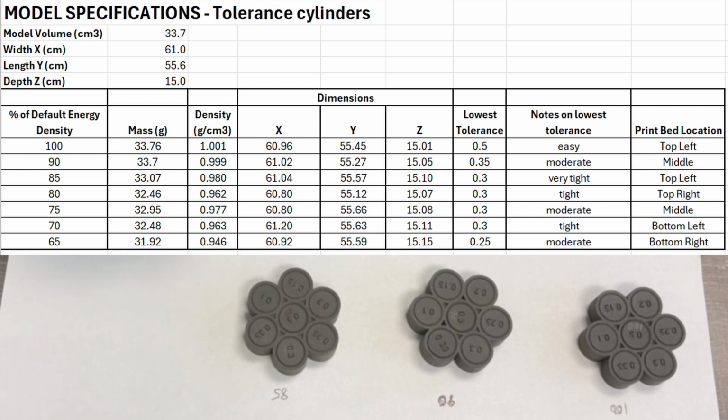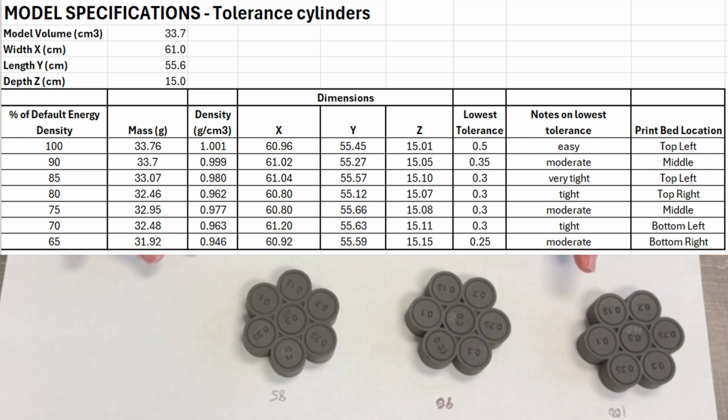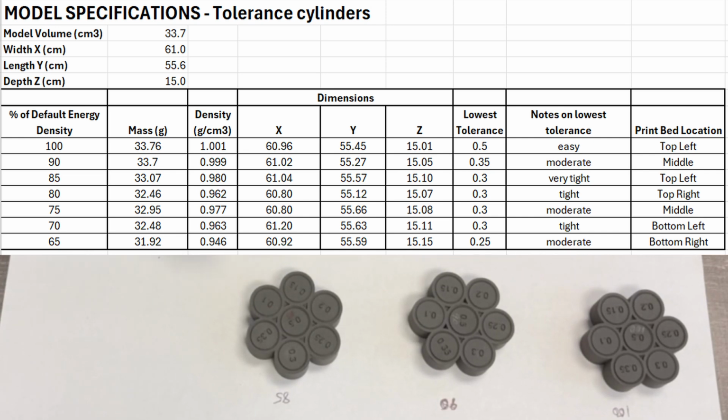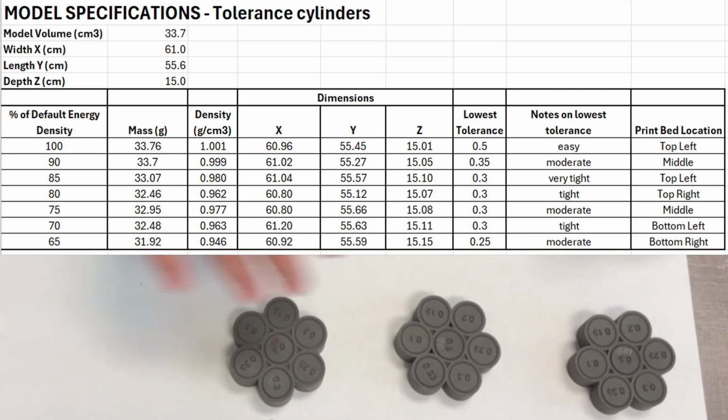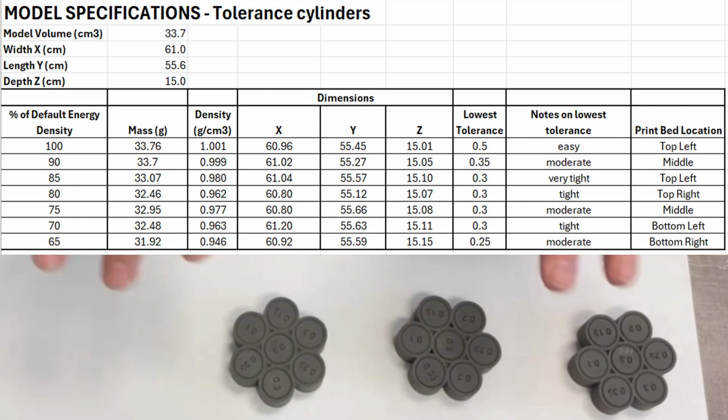This part, I see the 0.75 is around 0.98 density, and literally the dimensions were just spot on. Because of how these were printed in the bed, I would think there are some variations in how the laser and that distance could partially be impacted by the position as well.